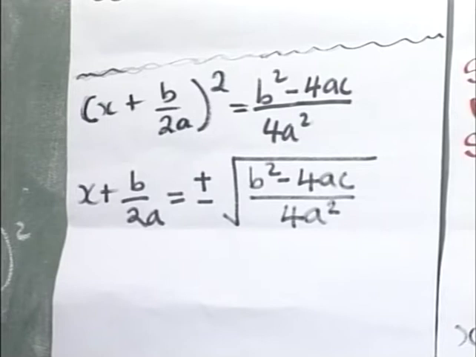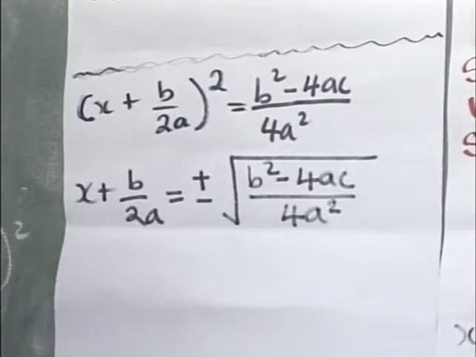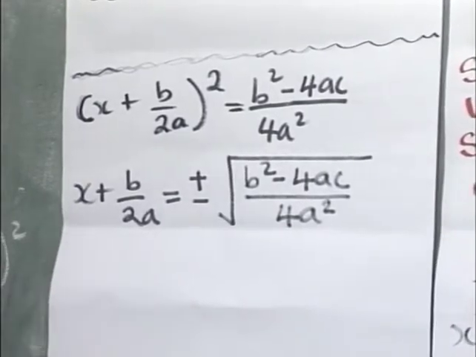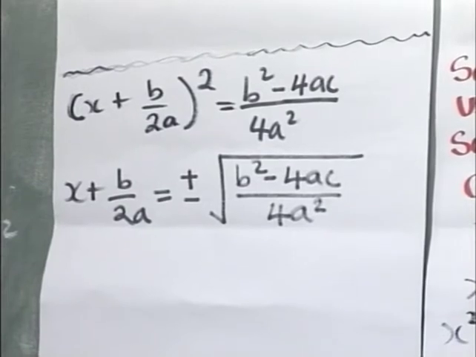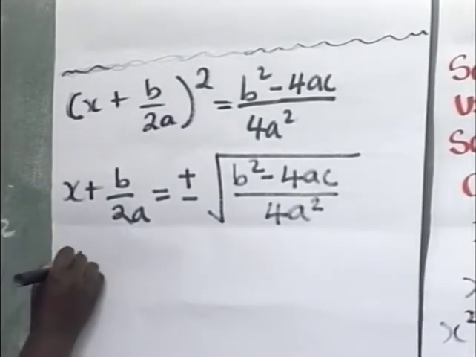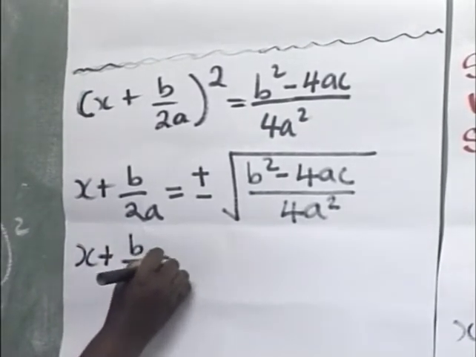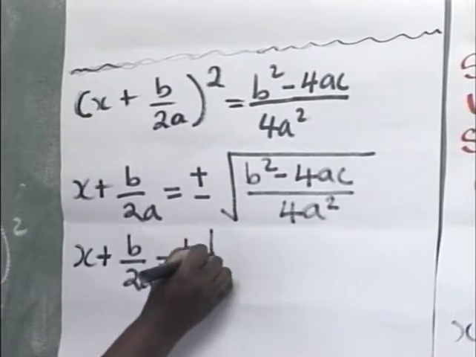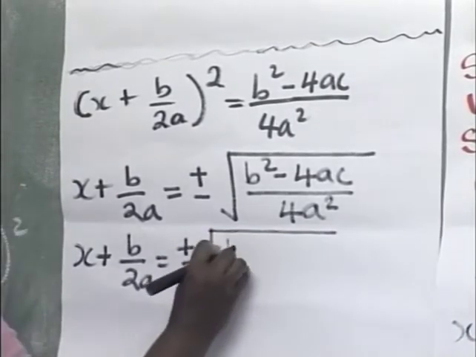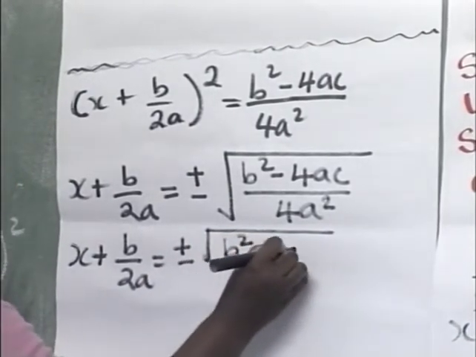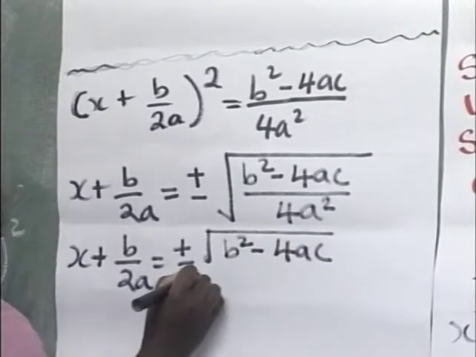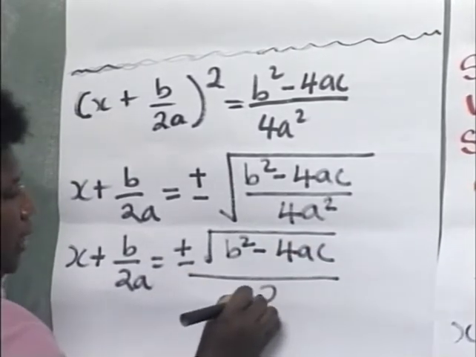But I can find the square root of 4a squared just like I did here. The square root of 9 was 3. So x plus b over 2a equals plus or minus the square root of b squared minus 4ac over 2a. Good.